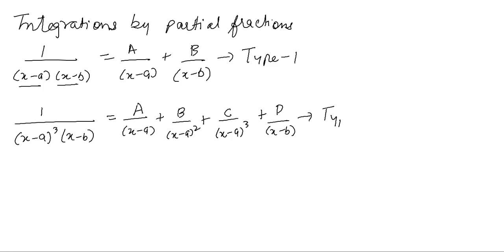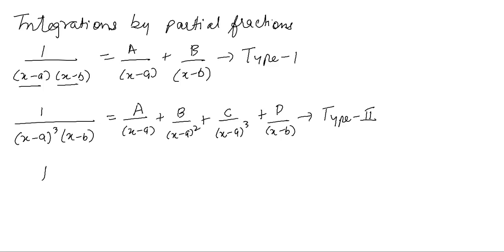This is your type 2. You can easily understand that here your denominators are still in linear form only, but the factors are repeating. So we'll take them successively. If you have 4, then we'll take the power 1, then 2, then 3, and then 4. Likewise, we will take that.